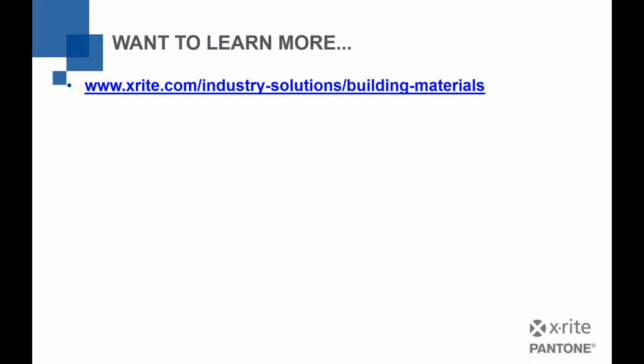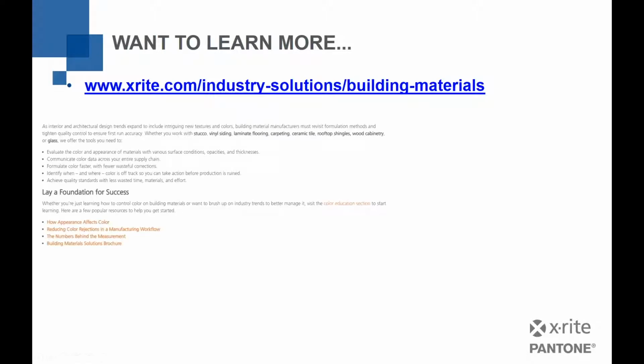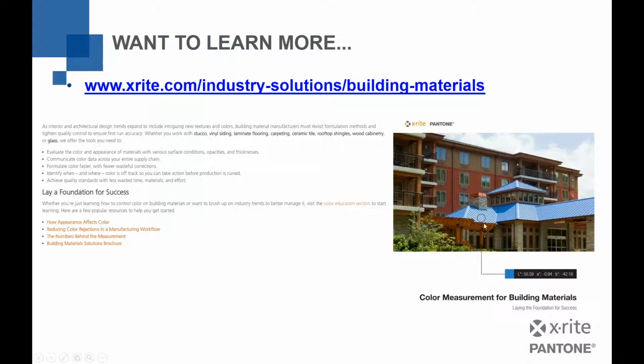But this spot in our website has some really good information about building materials. It's got some links in here for various things, including a brochure that we have about building materials, talks about all of the various things that we measure.